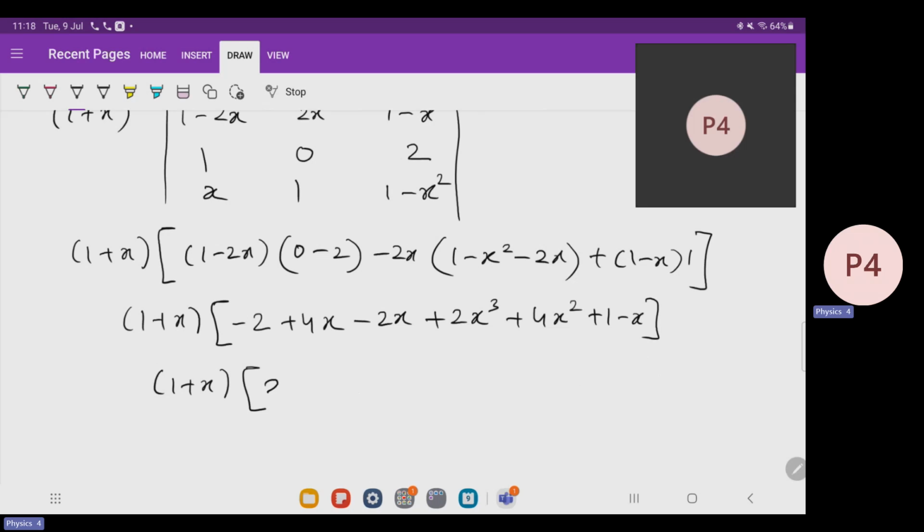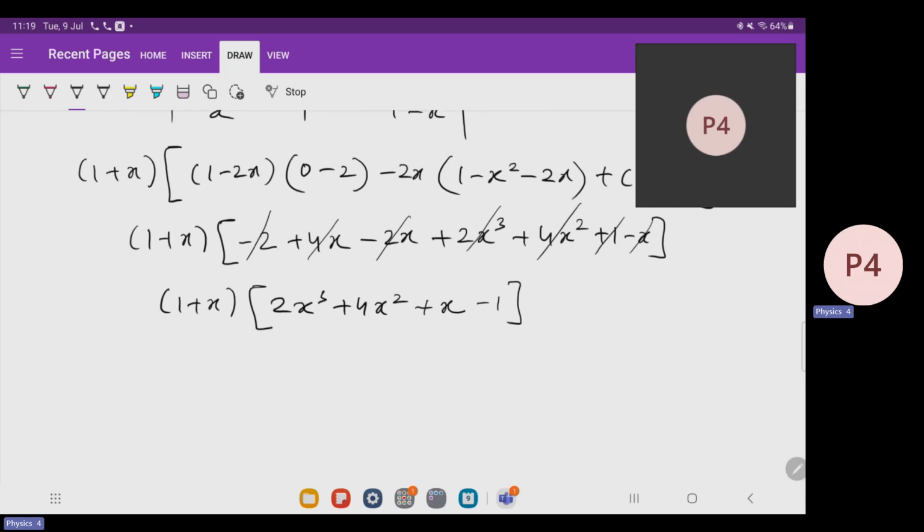we have 2x cube plus 4x square. So I have taken this. For the x, if you see 4x minus 2x is 2x minus x is x. And the numbers we have minus 2 plus 1, this is minus 1.